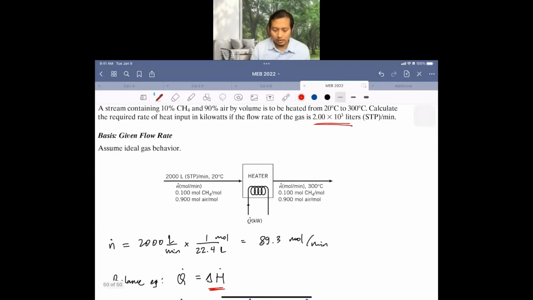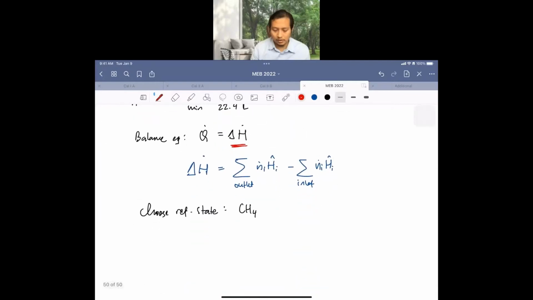Okay, I think we could say that the reference state for CH4 is 20 degrees Celsius. It's gas, 20 degrees Celsius and 1 atmosphere.